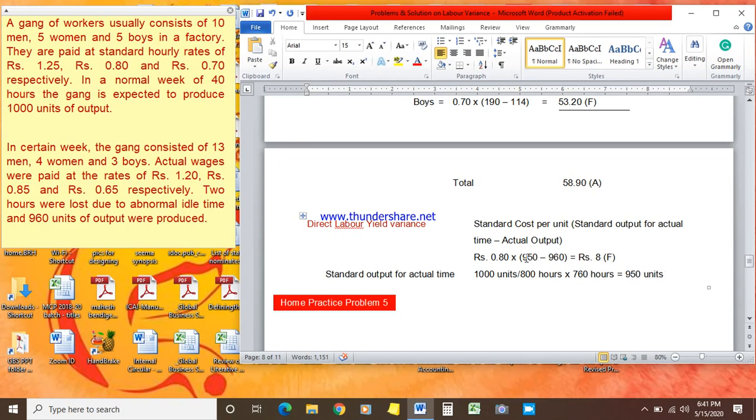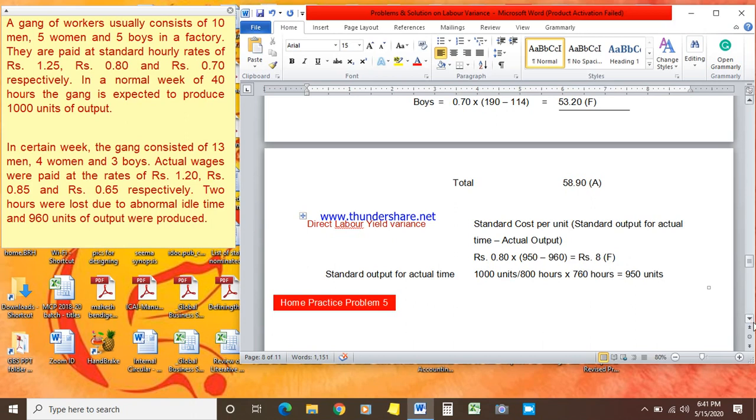But the actual output, which is already given here, is 960 units manufactured. So they have manufactured more than what is required. 950 was expected, but they manufactured 960, and there is a favorable labor yield variance.